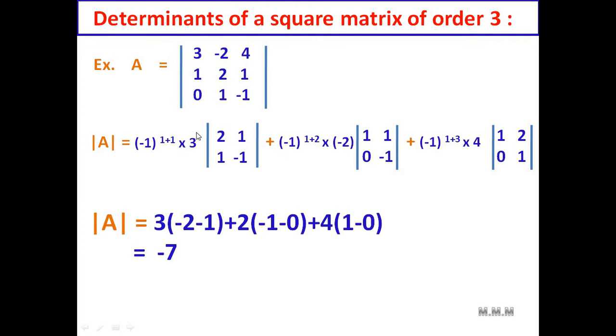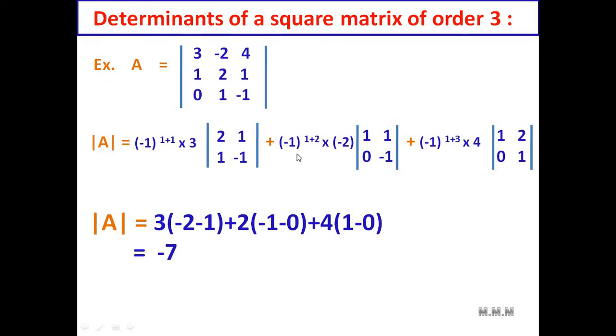A11 is here, and the position, or you can say the sign, will be minus 1 to the power 1 plus 1, so it becomes plus, and the first row and first column will be left, so 2, 1, 1 minus 1 will be written here.